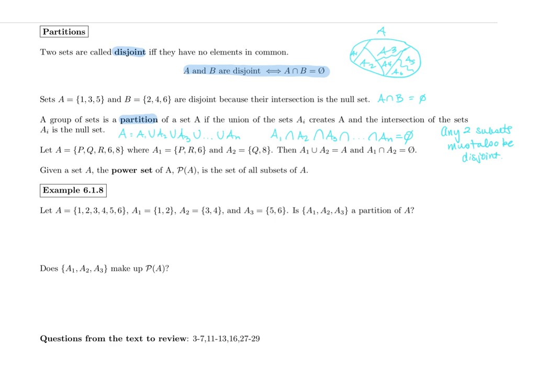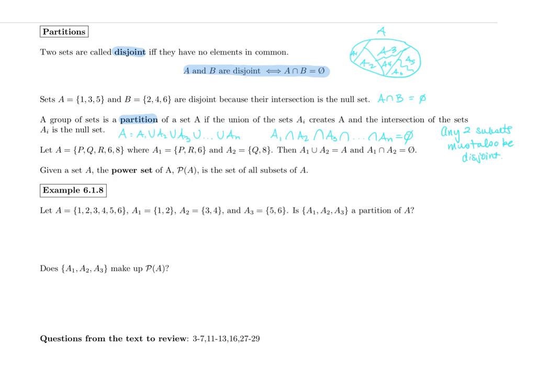So that means that they share not one single element. So that way, the intersection of A1 and A6 is null. A3 and A2 is null. A4 and A5, it's null. Any two subsets, their intersection is null, but the union of all the subsets together should form A. That's how you know you have a partition of A.